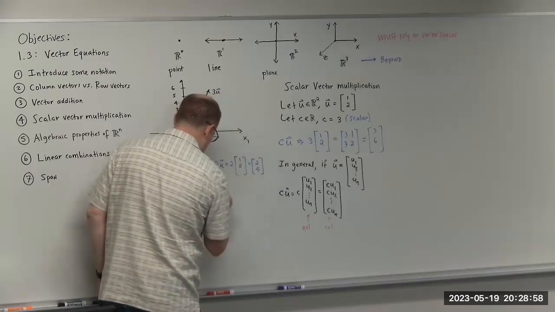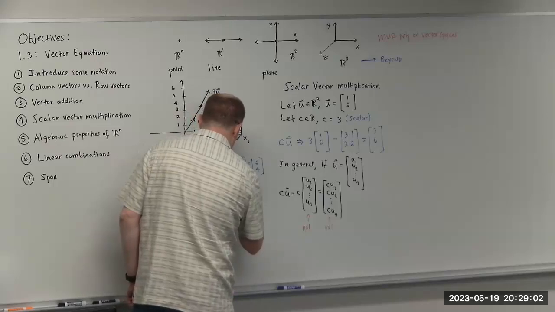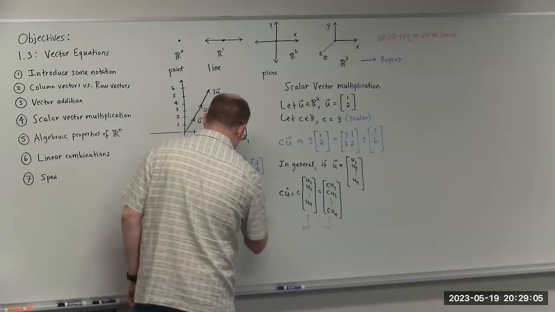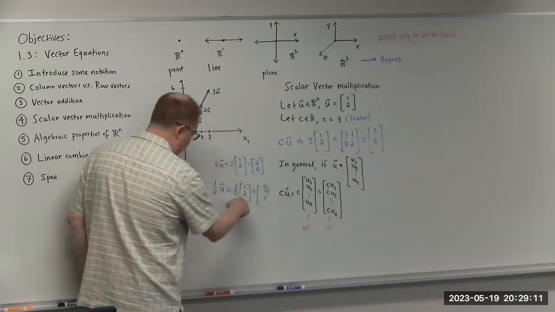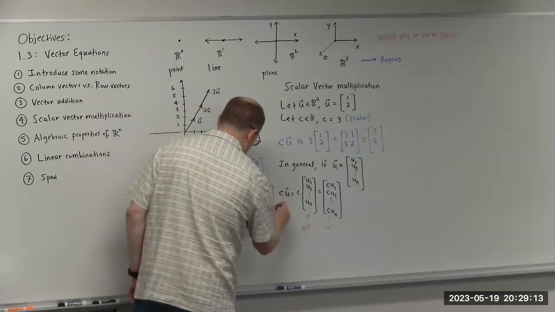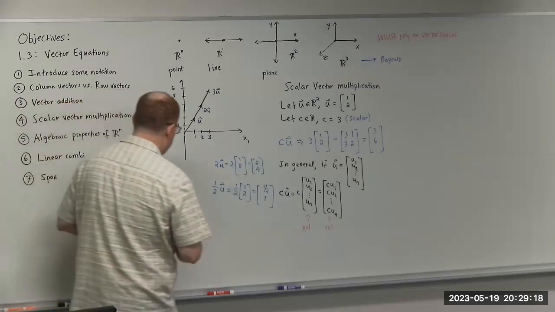So we get 1/2 of the vector 1, 2. So that's going to give us 1/2, and then obviously 1/2 times 2 will be 1. So that puts us here.